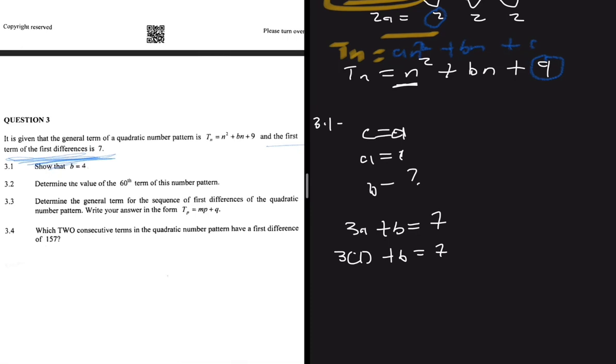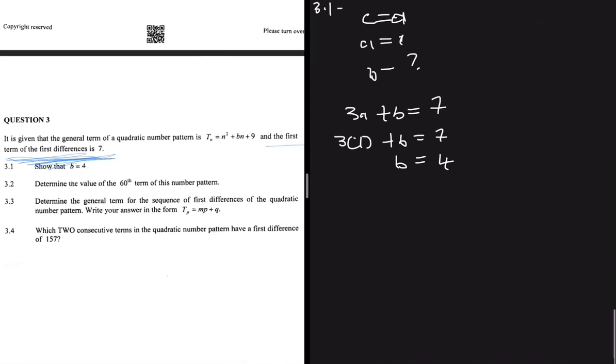If we take 3 to the other side, b = 7 − 3, which is equal to 4. So we have proved that indeed b = 4, and we can move to 3.2.